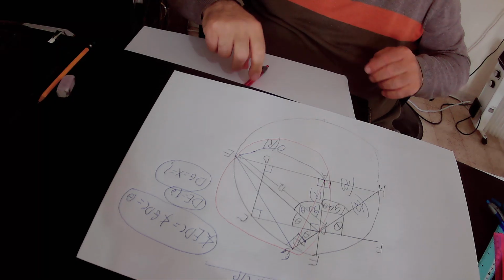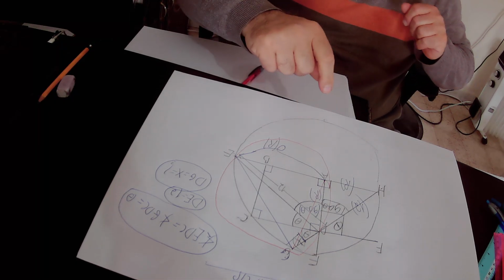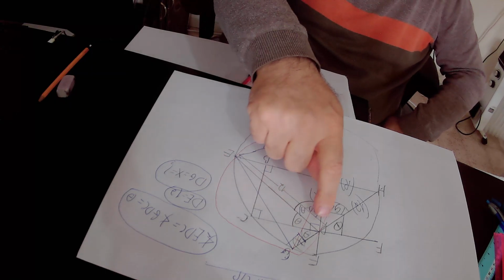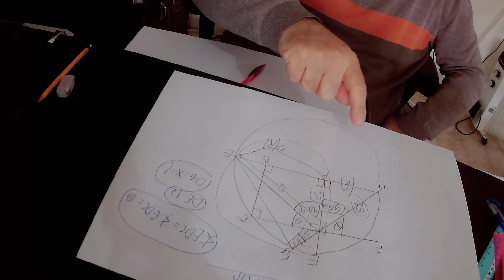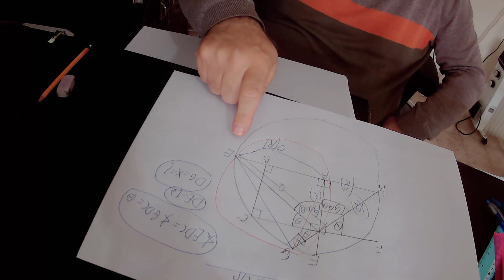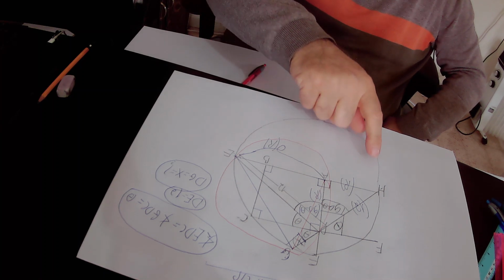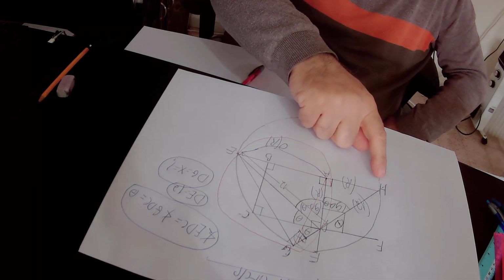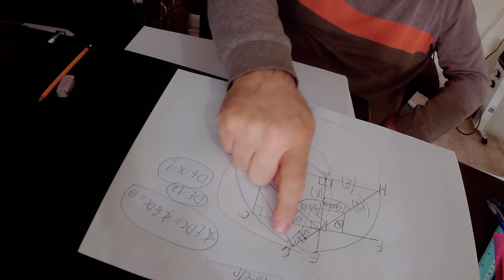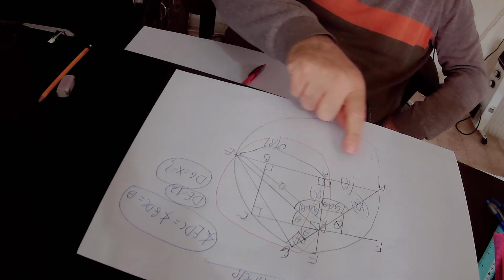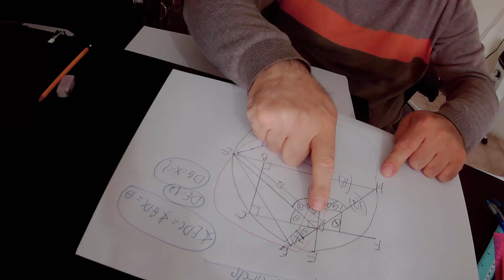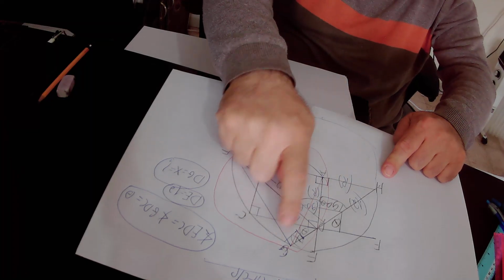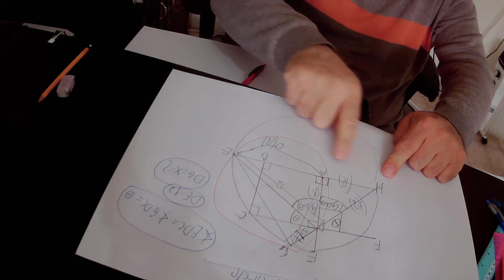According to rule 12, the following equation is true: HD times HG equals HA times HE.